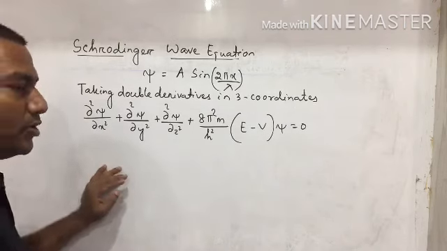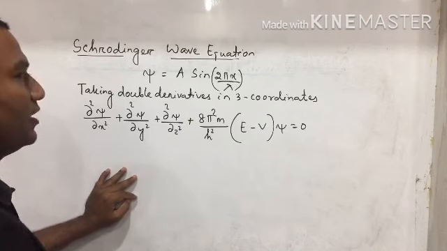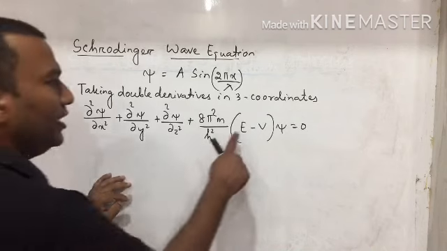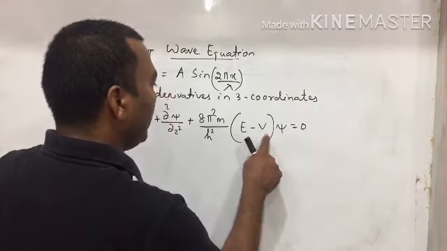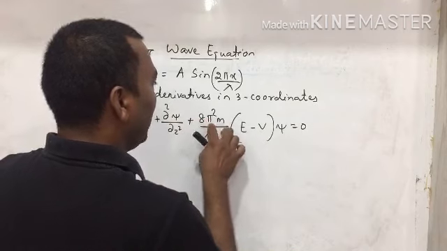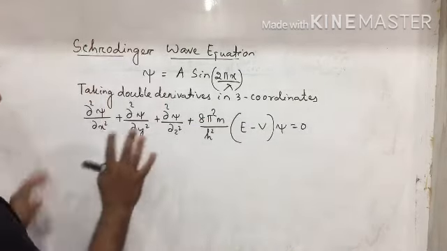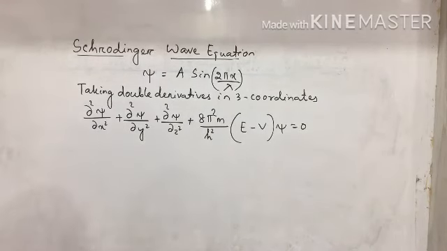This is a very important equation, called the Schrödinger wave equation in 3 dimensions. E is the total energy, V is the potential energy, and 8 pi square m by h square are constants. You will remember this equation.